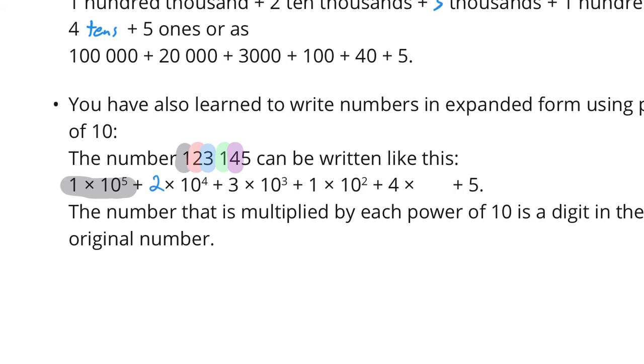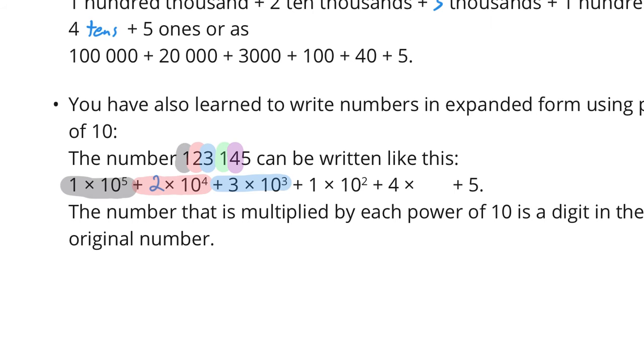So I'm going to write in 2 10,000s, and just to show you what we're doing here, 20,000 is represented by 2 times 10 to the power of 4. Then this 3 times 10 to the power of 3 is actually 3,000s. So this one right here, this is actually 3,000, and we're representing it like this in expanded form.